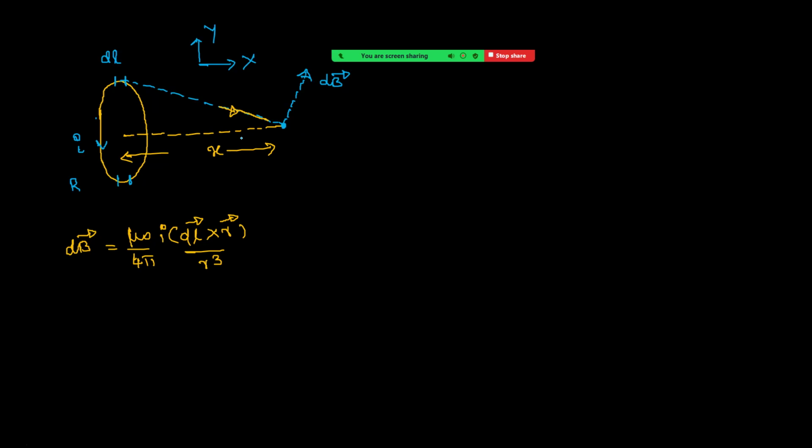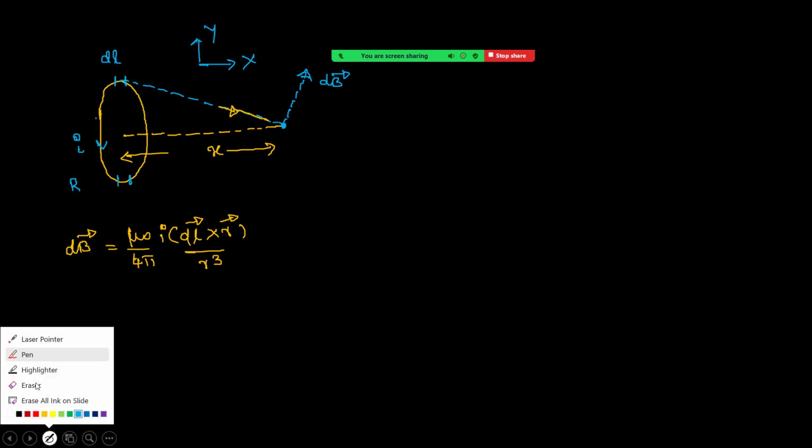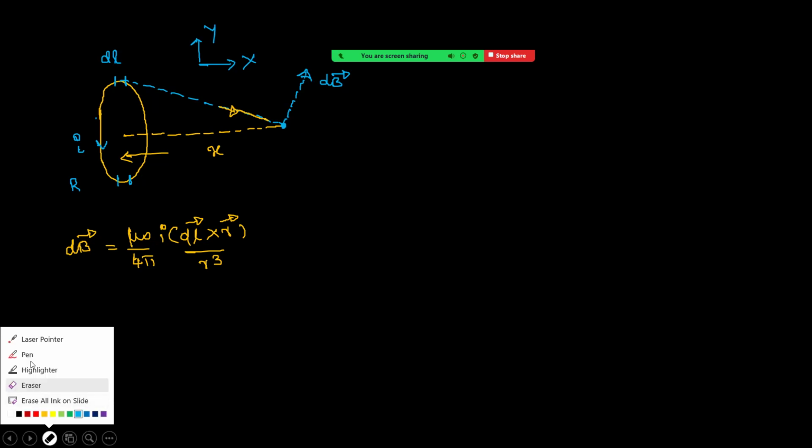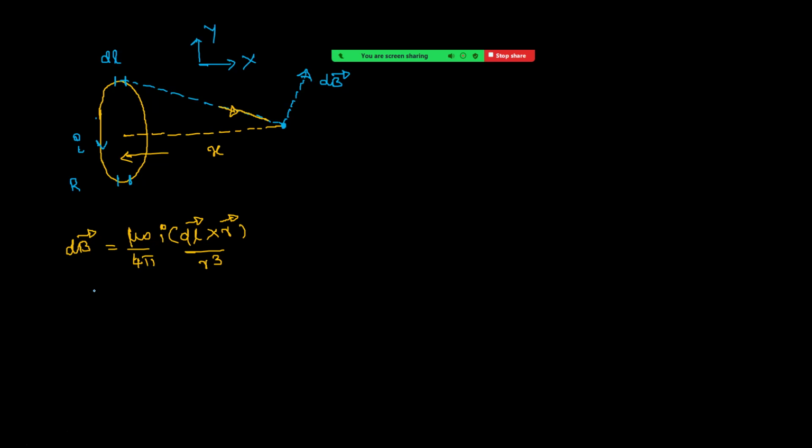Now, with respect to this element, the position vector for this point: you can see, join this element to this point. This is r bar.